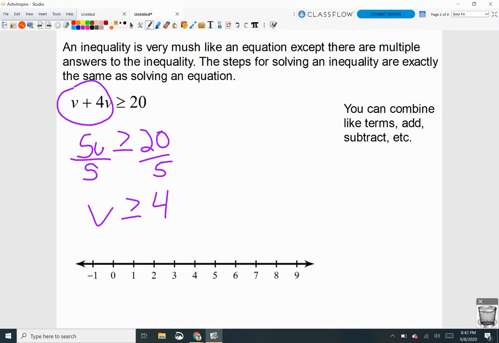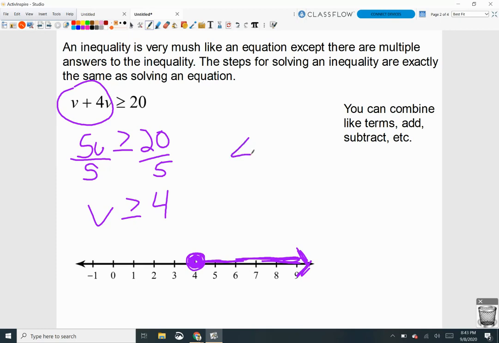So what I'm going to do with that is, in a picture, show all of the possible solutions to that. The 4 is the important number here, and I want all of the solutions that are bigger than 4. So I'm going to shade this entire number line to the right. Now, what I was saying earlier about the equal to part of this, the bar underneath, means that my solution can also include the number 4, so I'm going to fill in that circle.